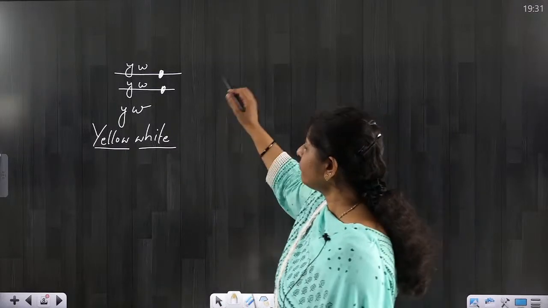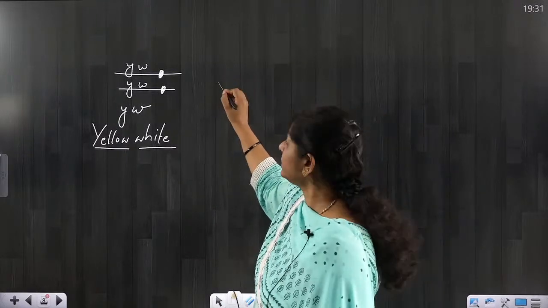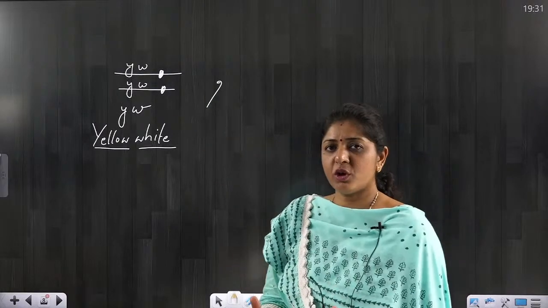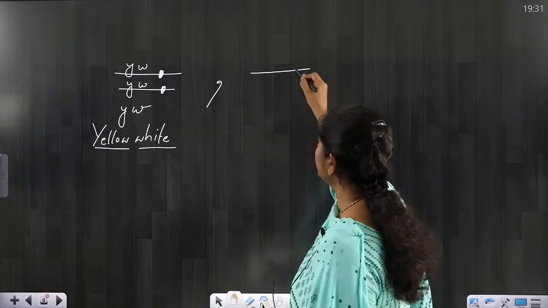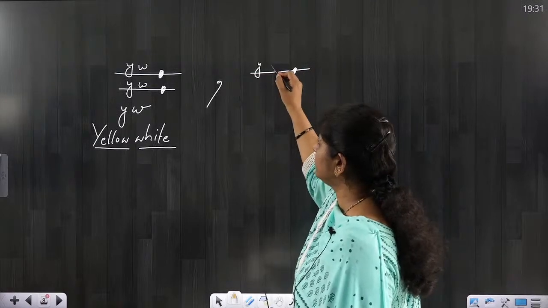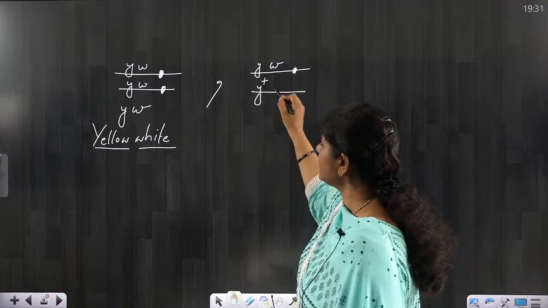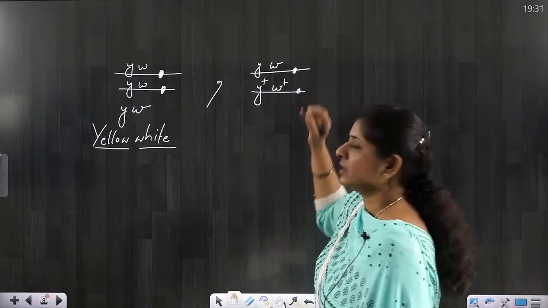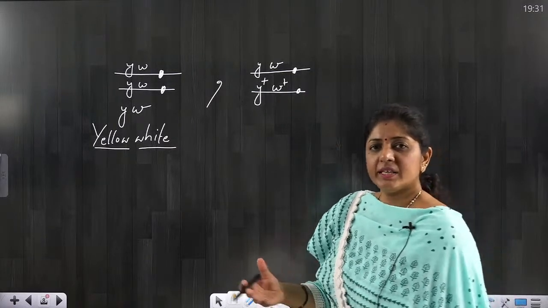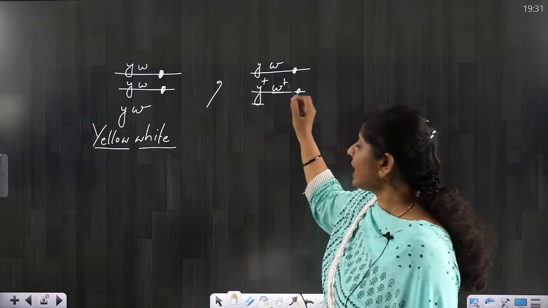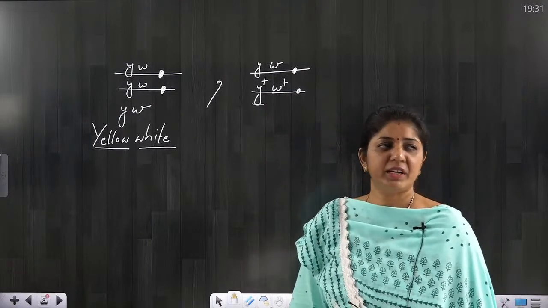Fine. Now suppose, I am not talking about the cross right now, if I am taking here y, w, and here I am taking y plus, w plus. Who will be dominant here? y plus and w plus will be dominant.